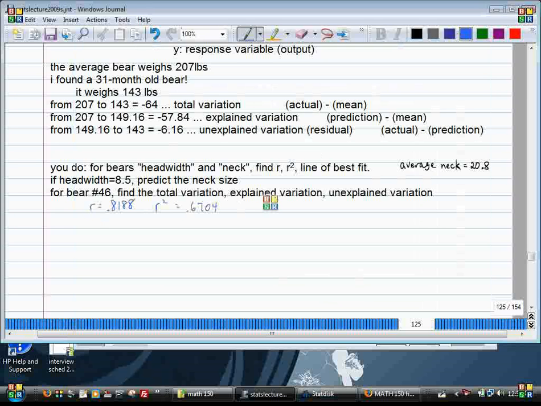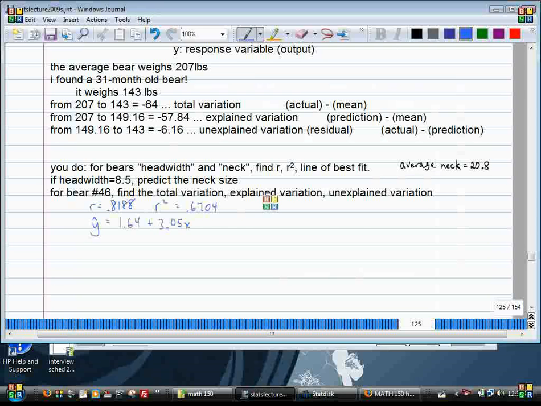Line of best fit, what's that? You got to give it to me as an equation. Y hat equals... I did it to 2 decimal places, but 4 is fine. Times x. So there's your line of best fit.